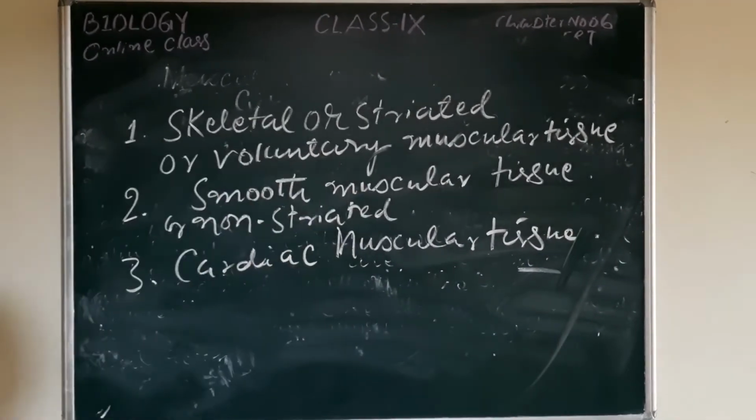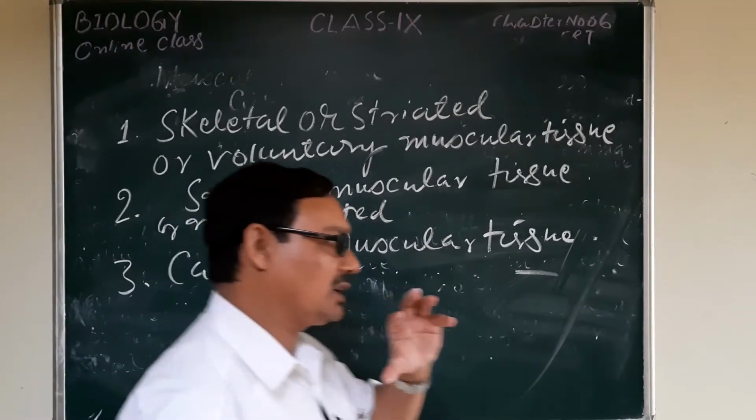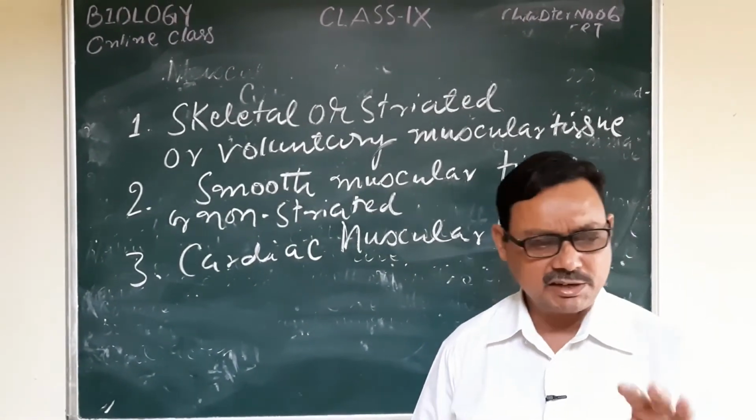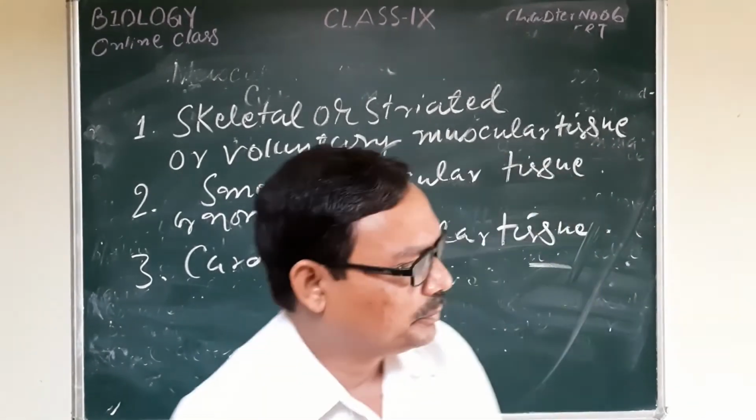There are some movements of parts of the body which are under our will. We can decide whether the part will move or not, like our limb.